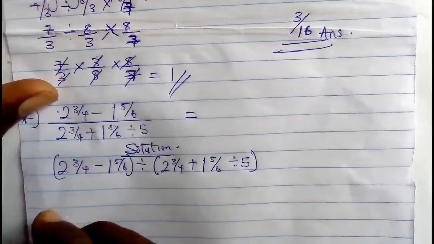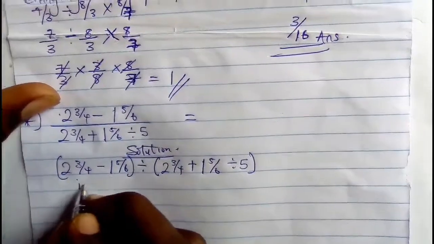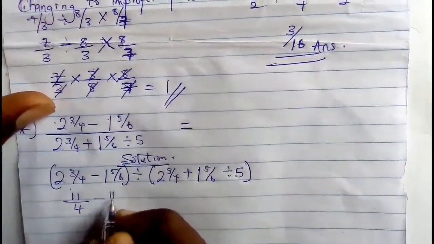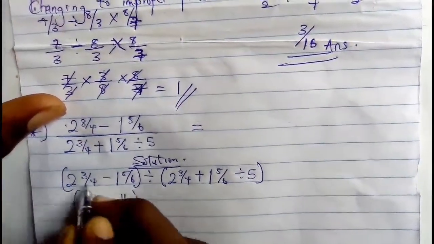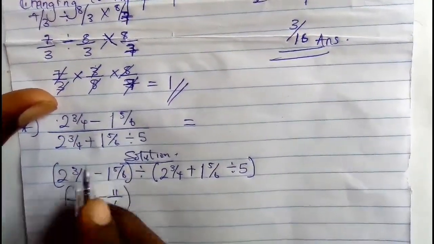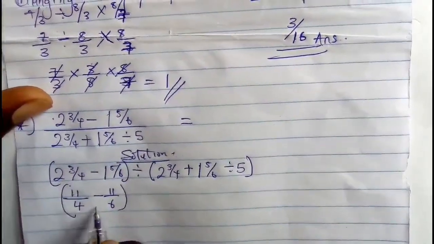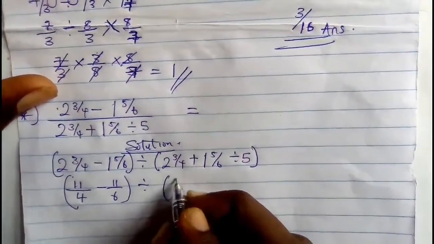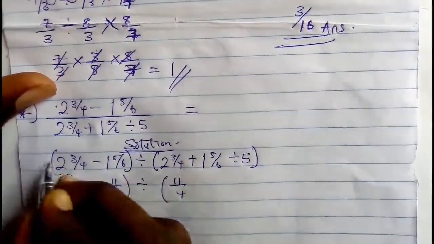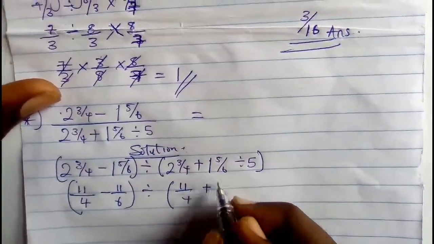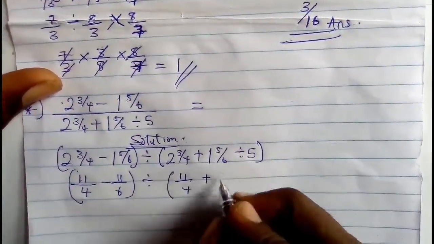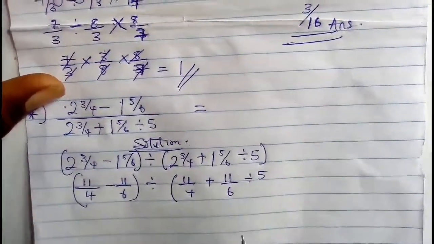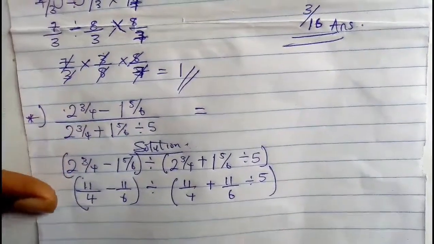So let's change all these mixed numbers to improper fractions. Automatically we have 11 all over 4 minus 11 all over 6, divided by open bracket 11 all over 4 plus 11 all over 6 divided by 5, close bracket.